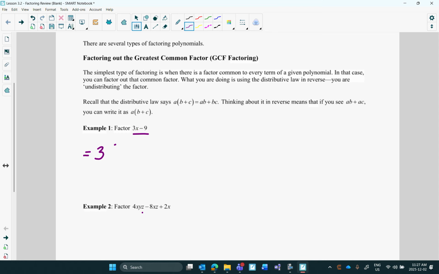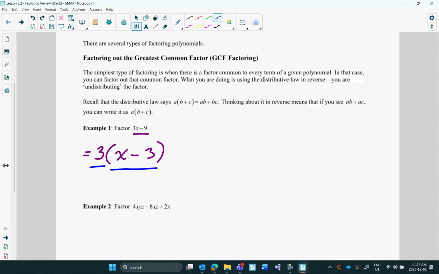So now I have to figure out 3 times what gives me 3x minus 9. Well, just divide these by 3. So 3x divided by 3, minus 9 divided by 3. Right. So I've broken it up into 2 factors. The factor 3 times the factor x minus 3 will give me this.